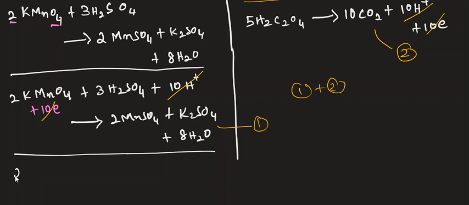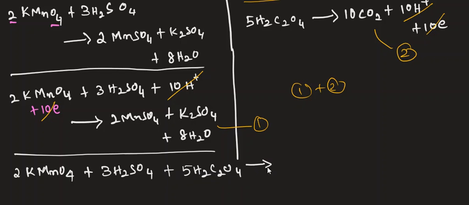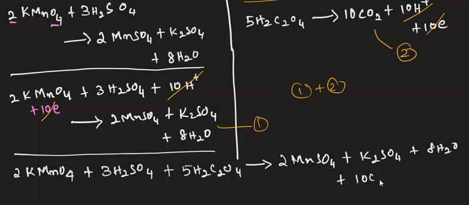Okay. So 2 KMnO4 plus 3 H2SO4 on the left hand side, you have 5 H2C2O4, gives on the right side 2 MnSO4 plus K2SO4 plus 8H2O, okay, plus on this side 10 CO2.